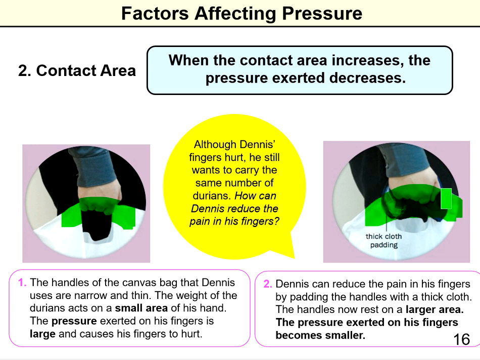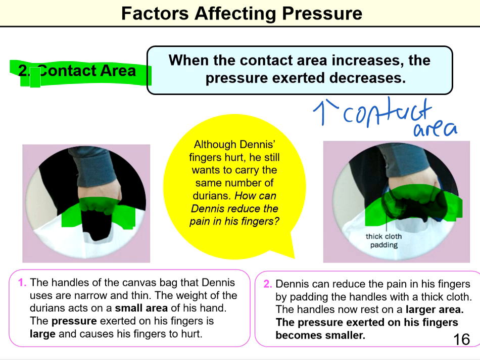The reason it is less painful to carry like that is because the pressure is smaller. When you wrap with a handkerchief, you are actually increasing the contact area. And the bigger the contact area, the smaller the pressure. So the other factor that affects pressure is the contact area.